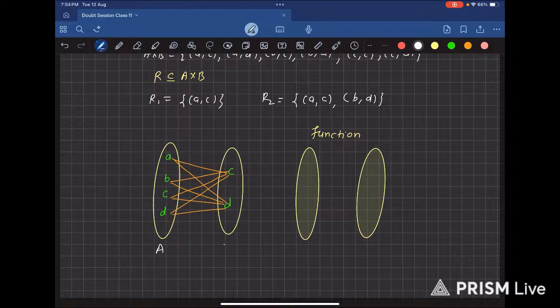Set A, set B. If I take here A, B and C, D, only one line can be drawn from A to B, from set A to set B. You can draw only one line. It is called the function. Simple. Understood?